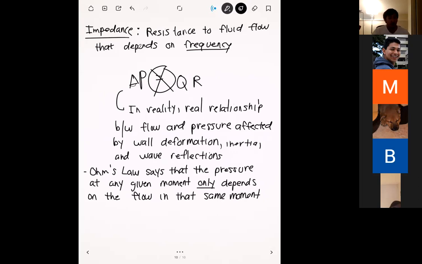But in reality, that's not the case. It's not only what the flow is at that given moment, it also depends on wall deformation, inertia, and wave reflections. All these things imply that it depends on the sequence of events, or the history of events that led up to that point.